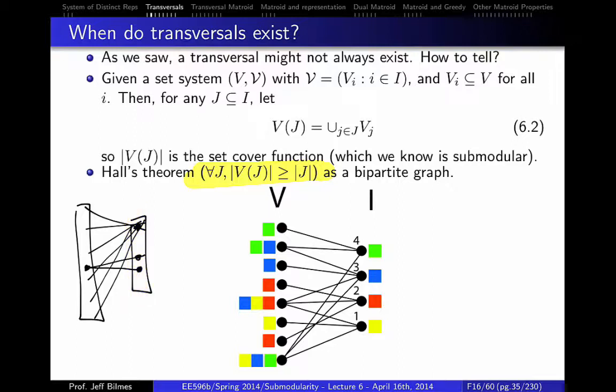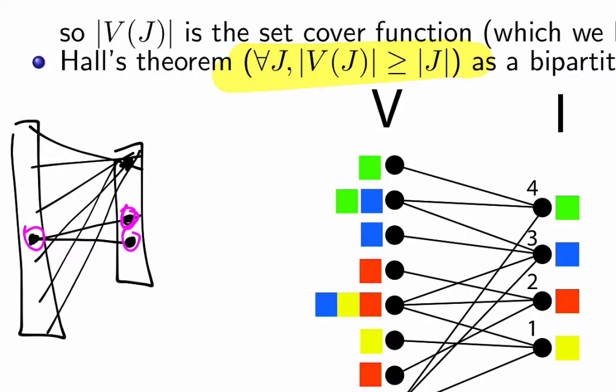But if you take these particular groups and you're trying to identify a transversal, it can't be unique, because the only possible person to represent these two groups, this group and this group, is this guy. So a transversal can't exist. But it's a system of distinct representatives, right? Every group has to have a representative who's distinct. Let's zoom in on this on the right a little bit so you can see.